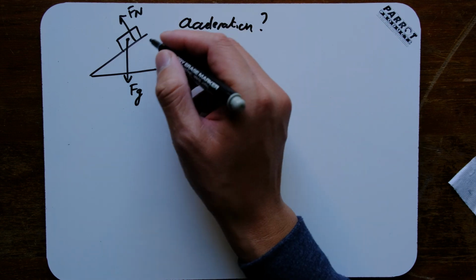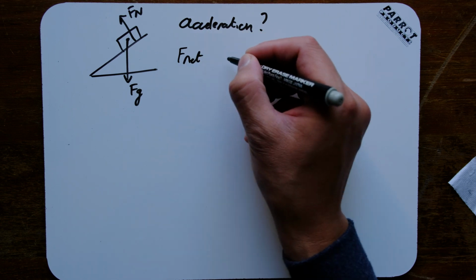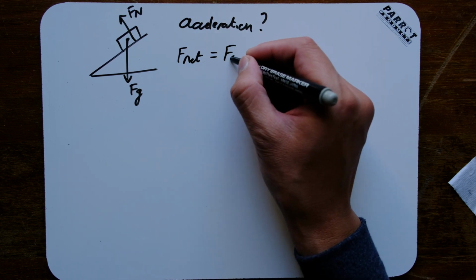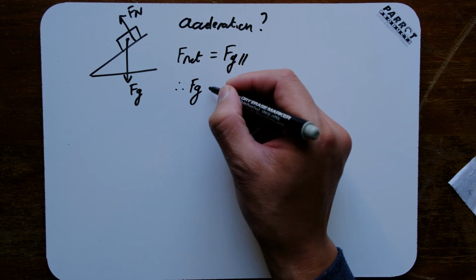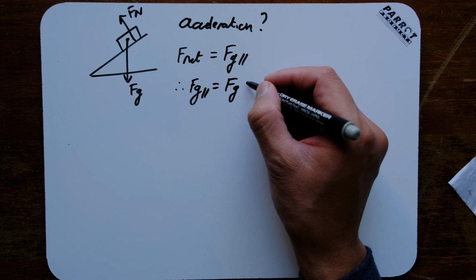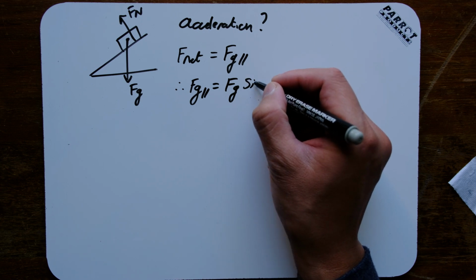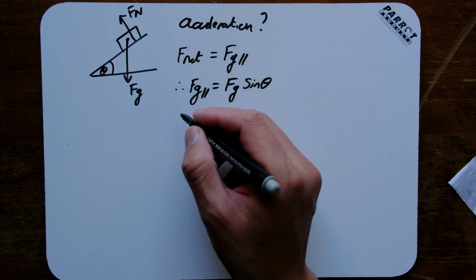Well, first and foremost, you need to find the net force acting down. And the net force acting down is going to be the force of gravity which is parallel. So we know that the force of gravity which is parallel is equal to the force of gravity times the sine of the angle theta of the slope.